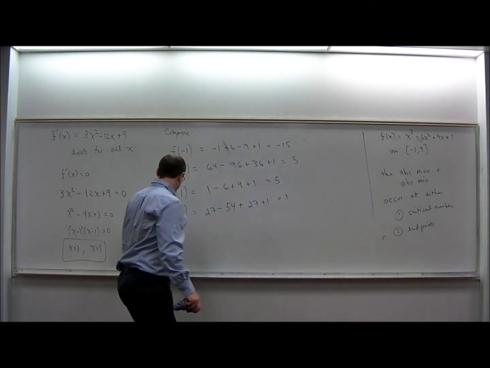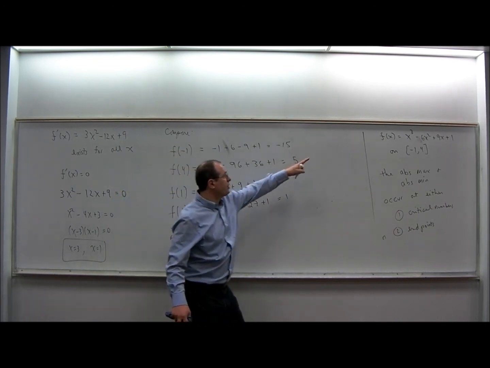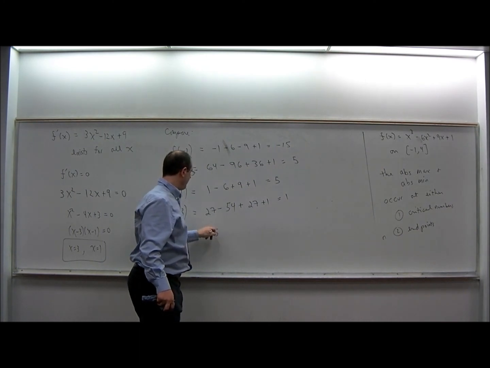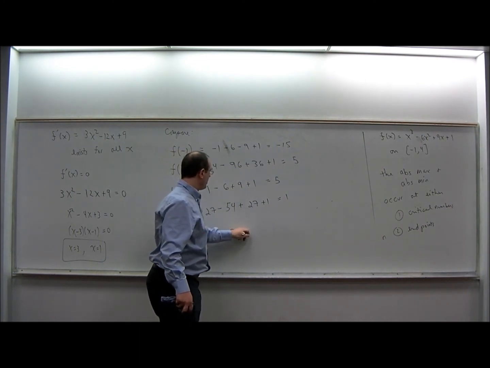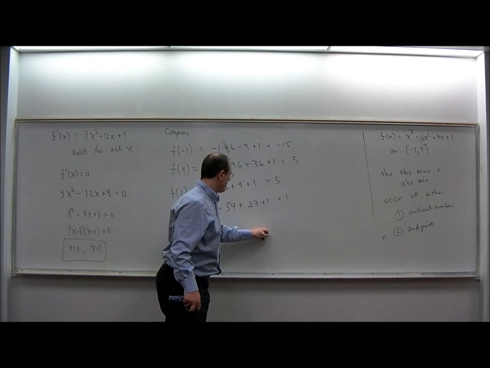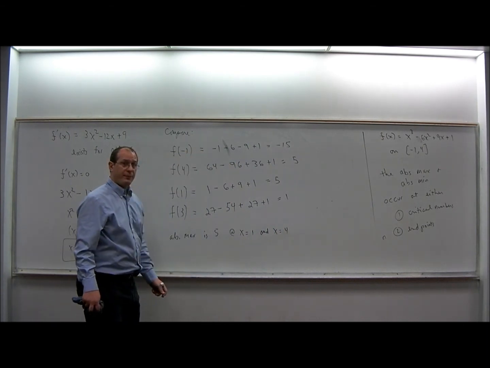The absolute max for this function on this interval is 5, and it occurs at x equals 1, which was a critical number, and it occurred at x equals 4, which was the right endpoint.